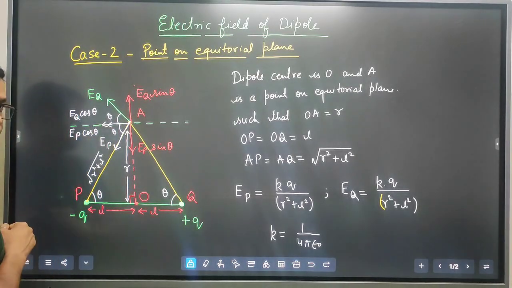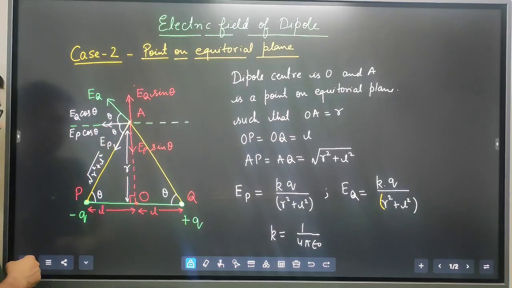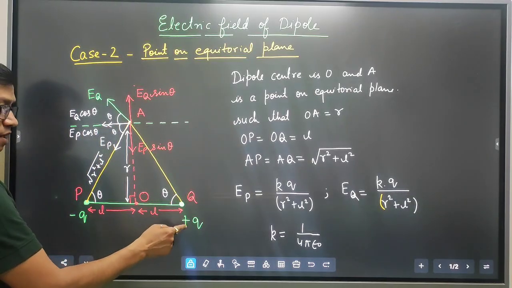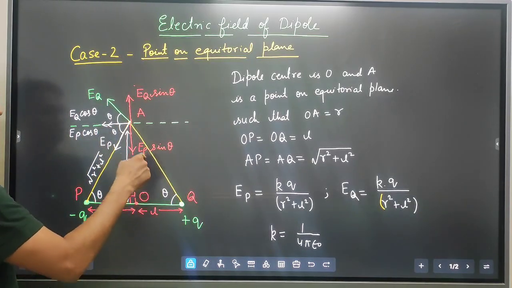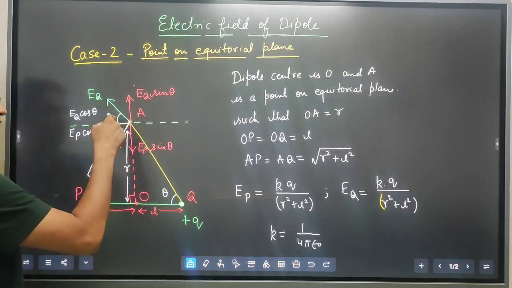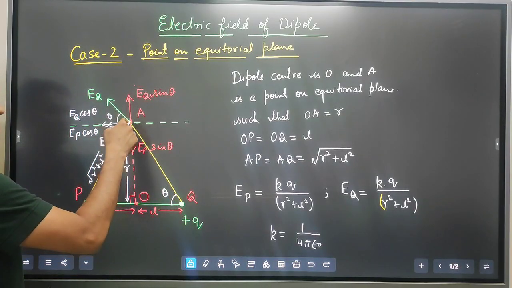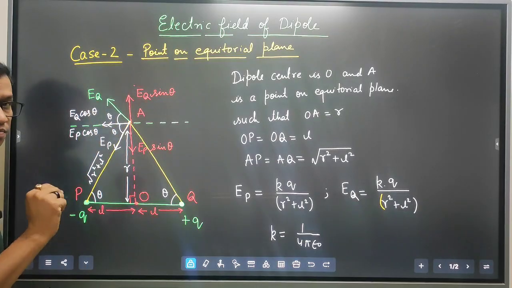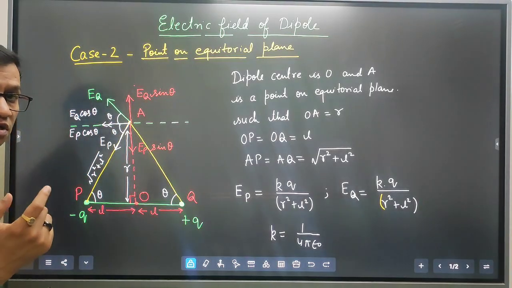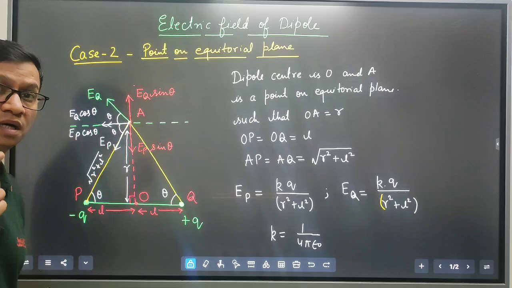So like this, white color, EP. Similarly, for plus Q it will be along the line joining the point and this charge, but away from the charge, because for a positive charge the electric field is always away from the charge.